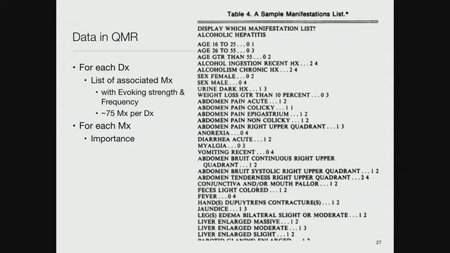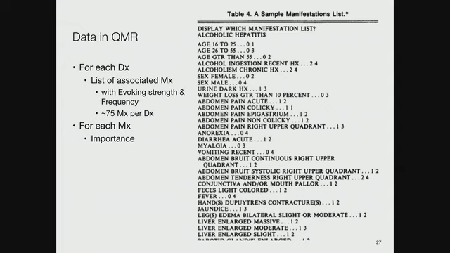And then here's an example of alcoholic hepatitis, and the two numbers here are a so-called evoking strength and a frequency. These are both on scales. Evoking strength is on a scale of 0 to 5, and frequency is on a scale of 1 to 5. And I'll show you what those are supposed to mean.